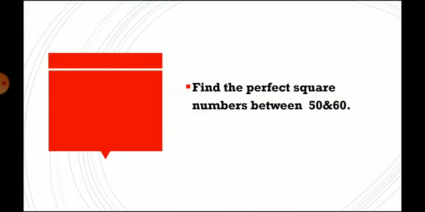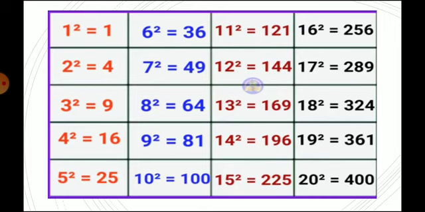See here, find the perfect square numbers between 50 and 60. This is your sum, so you do it in your notebook.